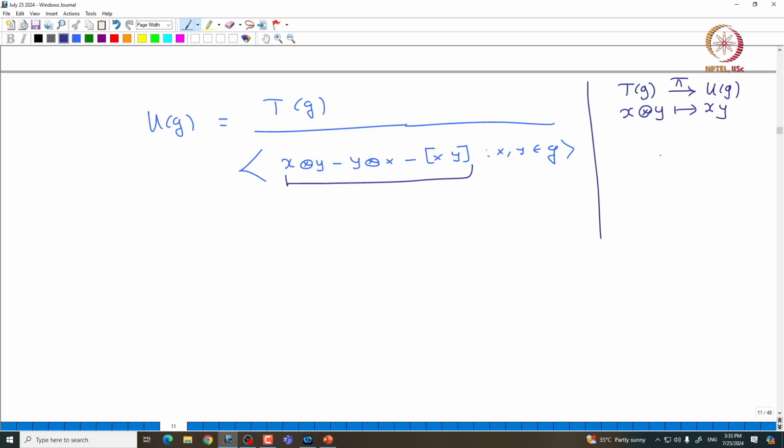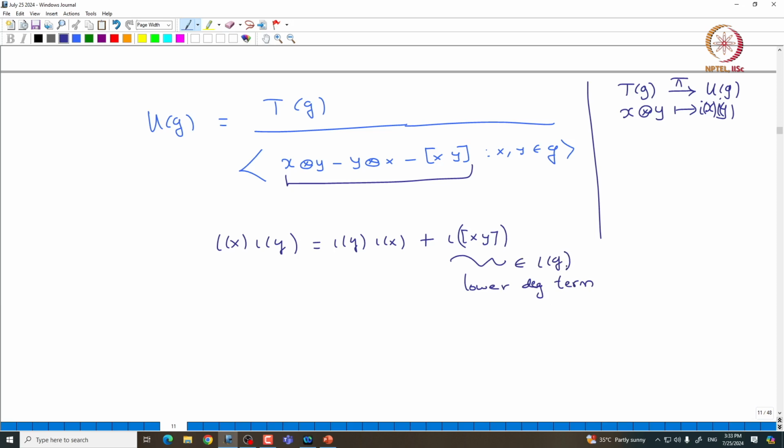So, basically this is iota of x and iota of y. When you commute them, you are paying iota of the bracket [x,y] as your cost. But this is definitely a lower degree term, because it comes from the image of G.